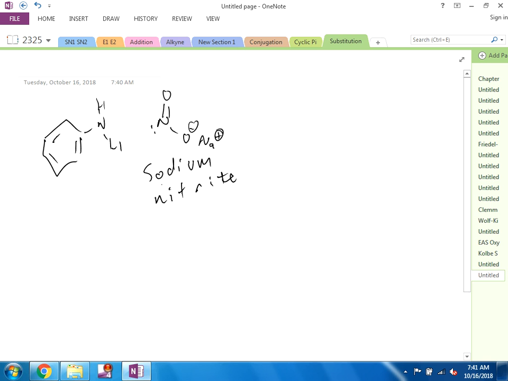And now it's important to know about this compound because the World Health Organization and different people have realized that this compound actually causes cancer.